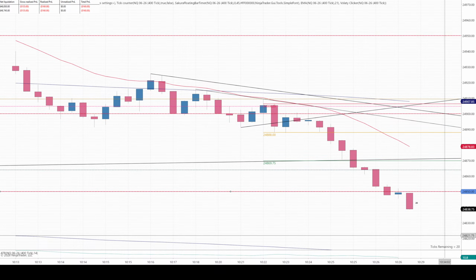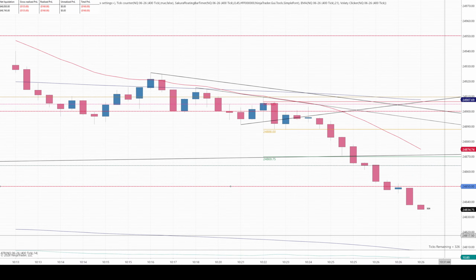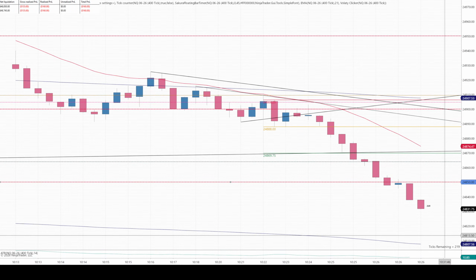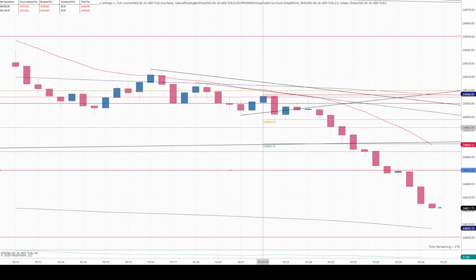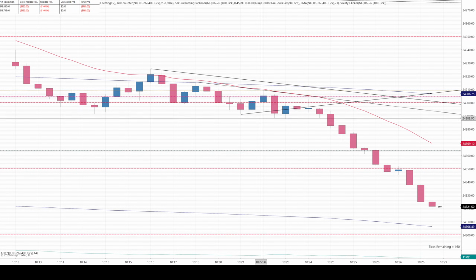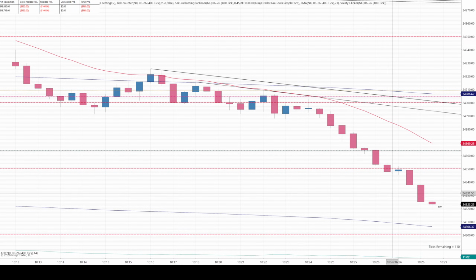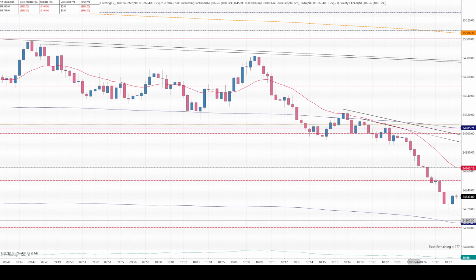Okay, another winning trade. I don't know what news came out, and this selling is kind of ridiculous, but I'll take it.